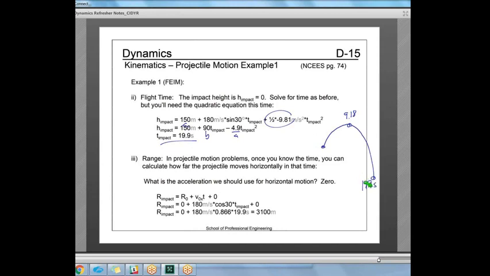It takes us 9.18 seconds to get to the top. And it takes us a total of 19.9 seconds to get down here. When do we pass this point? In other words, when do we come back down through 150 meters?